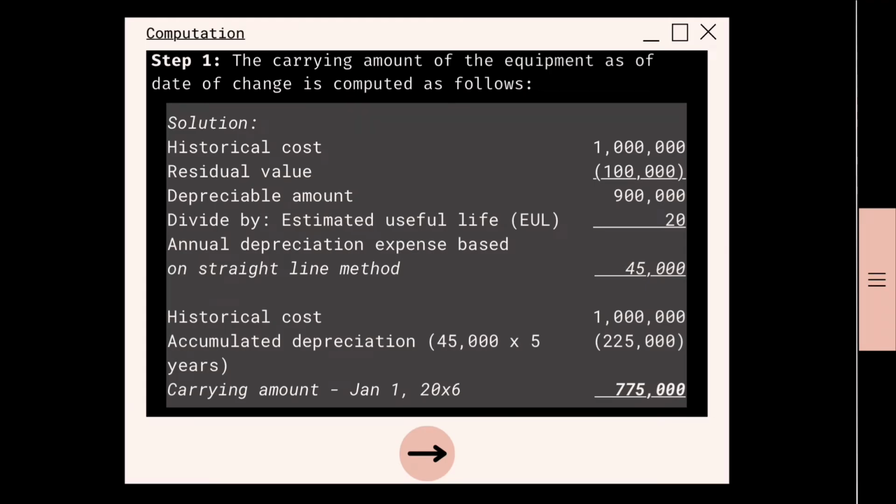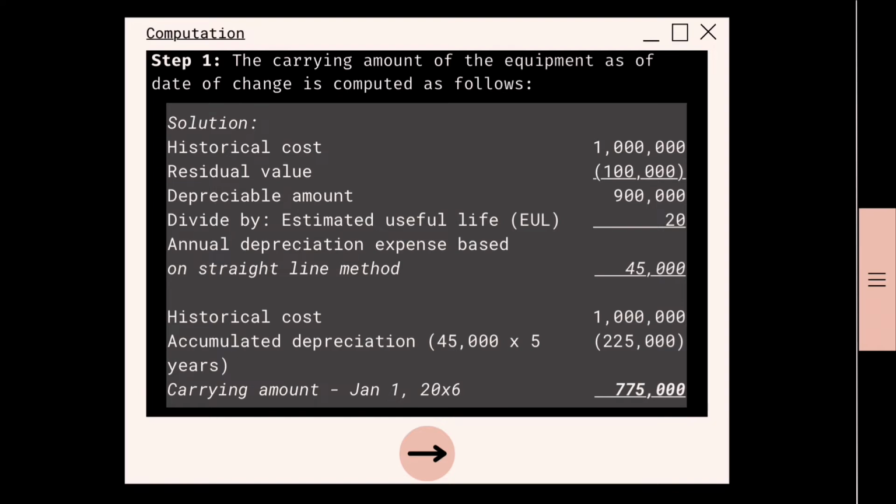To compute for the annual depreciation expense based on straight line method, we subtract residual value from historical cost, which is 1 million minus 100,000. And that will be 900,000 pesos divided by the estimated useful life of 20, and the total will be 45,000. And now to compute for the carrying amount on January 1, 20X6, you subtract accumulated depreciation from historical cost.